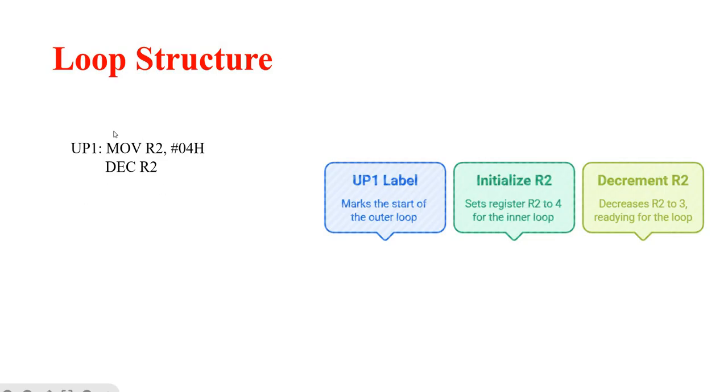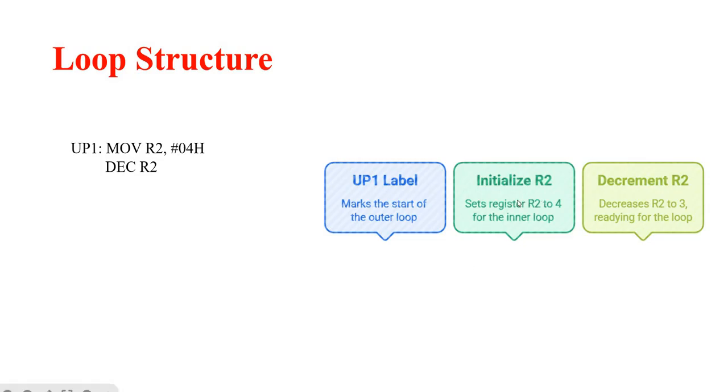Now we have the first loop. What is the first one? UP1 colon MOV R2, #04h. Then we have DEC R2. So here this label, that is UP1, marks the start of the outer loop, okay. Then we have MOV R2, #04h.